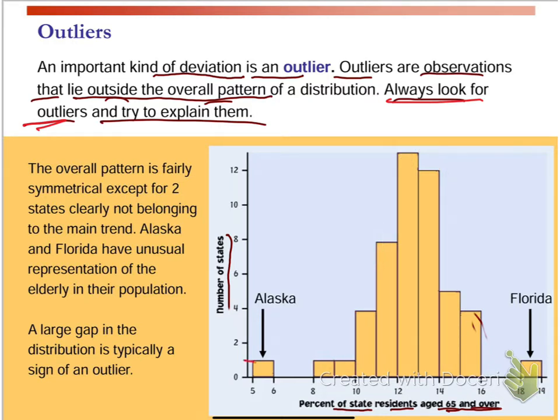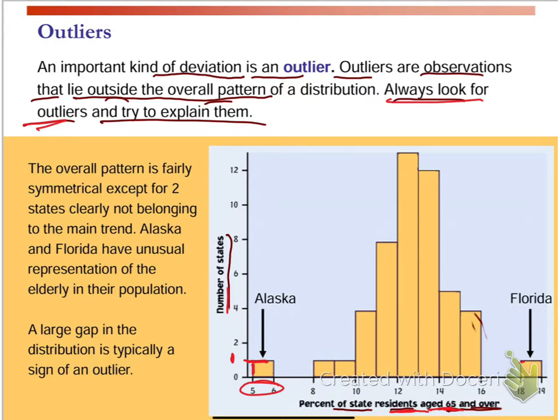If we look at these, I have two outliers here. The number here is 1, so it's one state, and this one is also one state. I can't even give the name, but he already gave me the name. He said this is Alaska, the state in the United States of America. Alaska has 5 to 6% of residents aged 65 years or over.